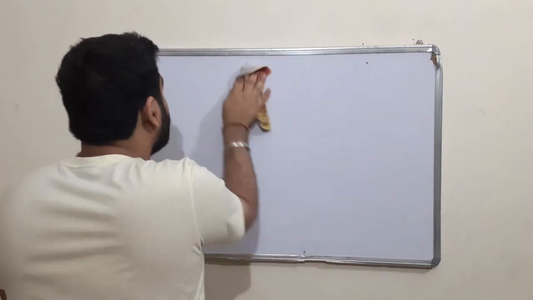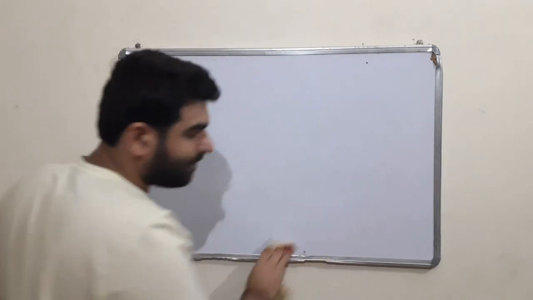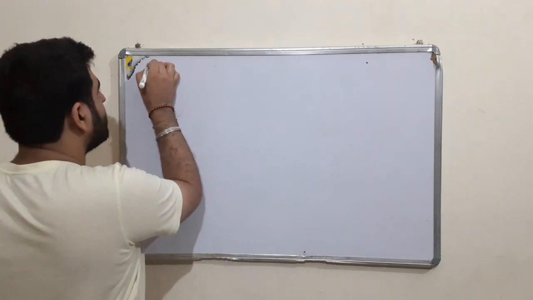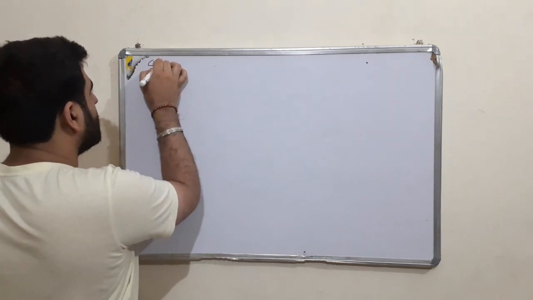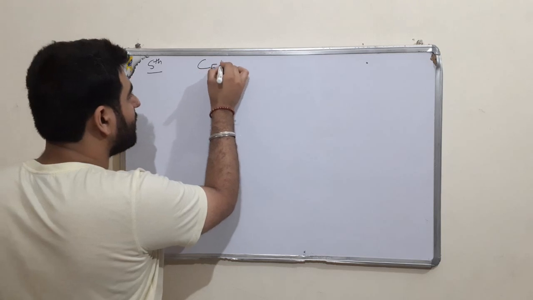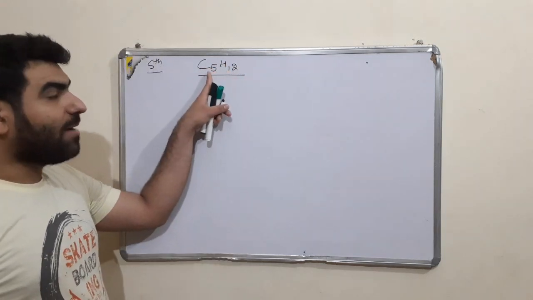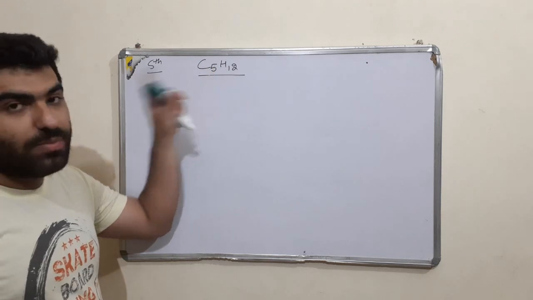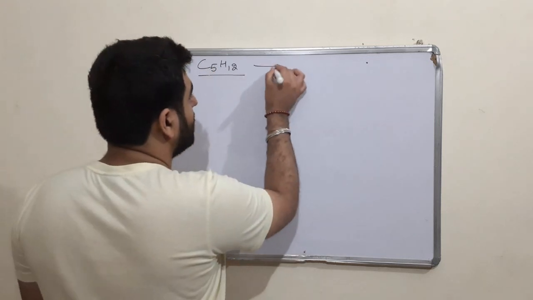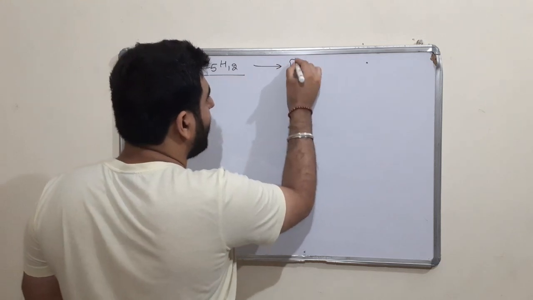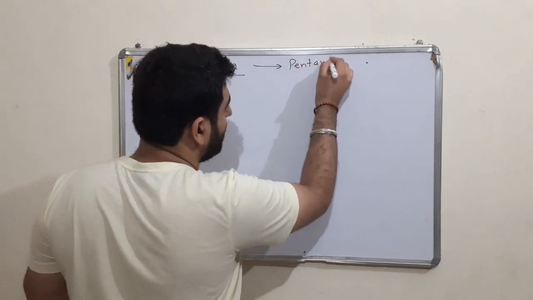They have given us the formula C5H12. Now, we want carbon 5 and H to be 12. So the name is pentane.